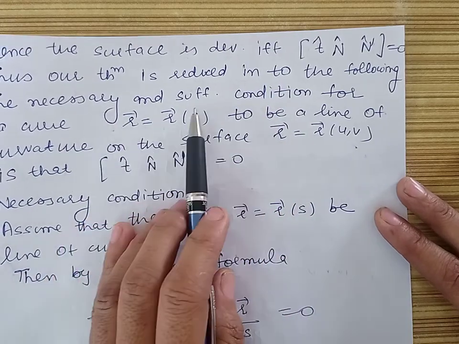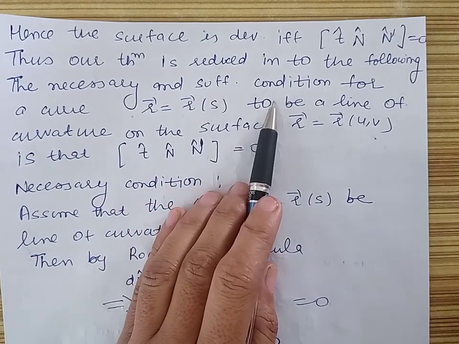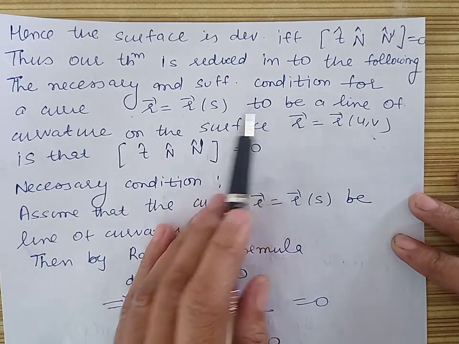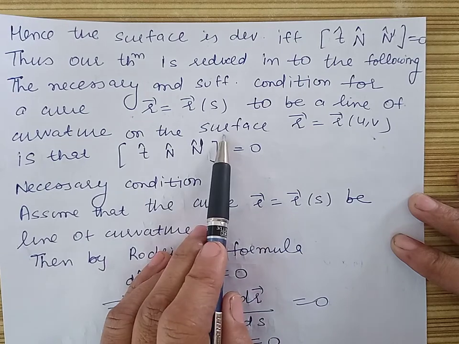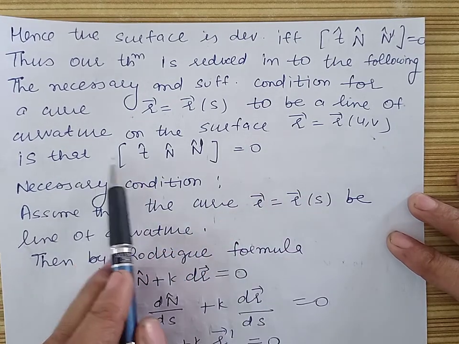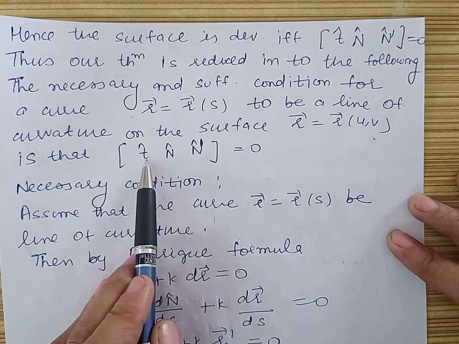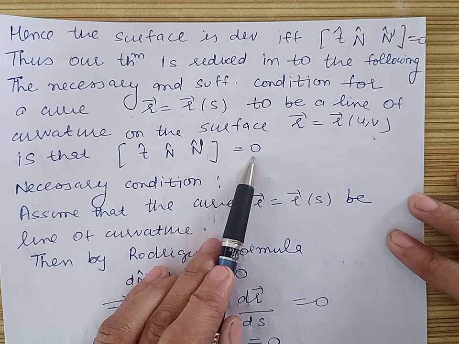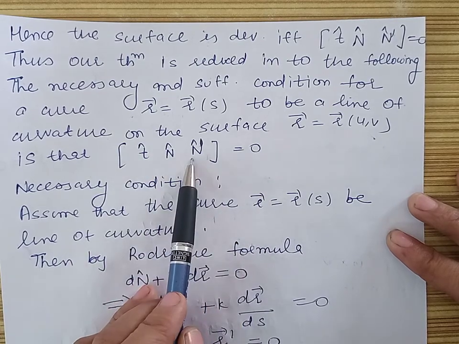The necessary and sufficient condition for a curve r is equal to r(s) to be a line of curvature on the surface r is equal to r(u, v) is that the scalar triple product of the vectors t, n and n dash is 0. So we will prove this condition now.